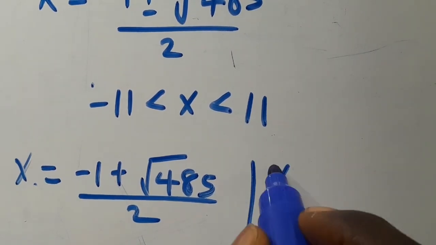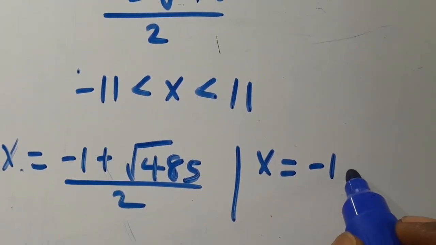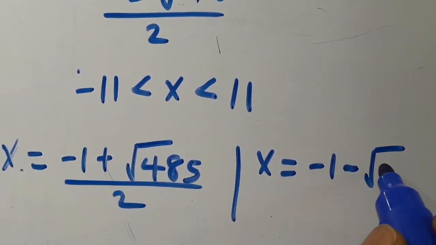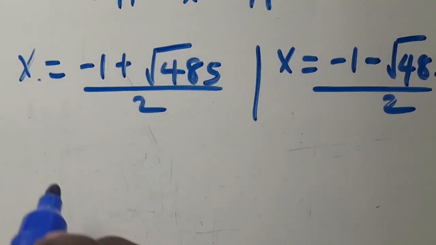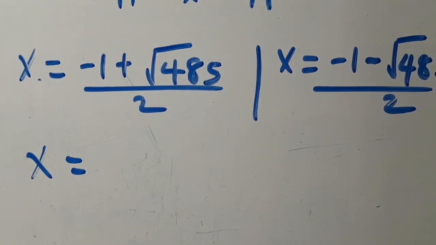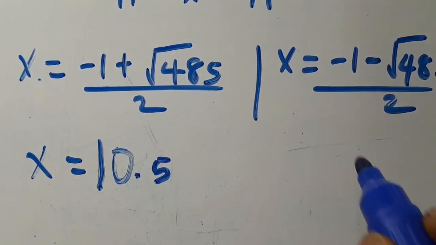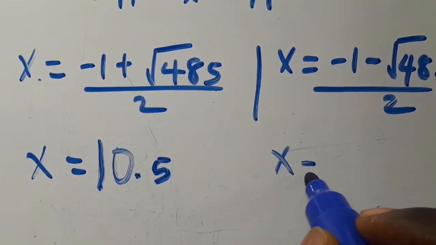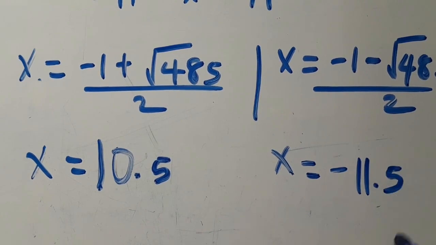Then we also have another x equals minus 1 minus root of 485 divided by 2. Then when you press this, we have x equals 10.5. When you press this one, we have x equals minus 11.5.